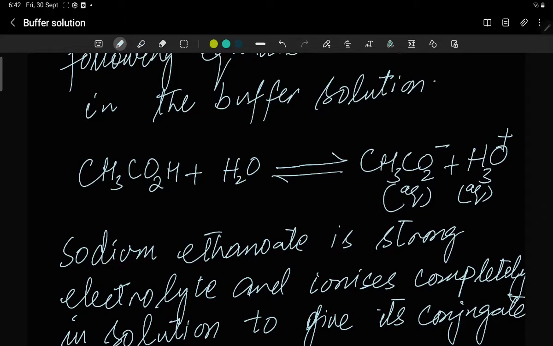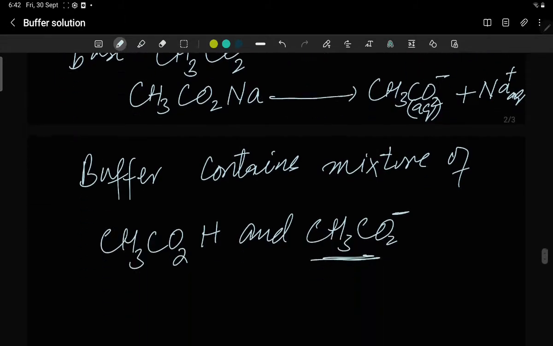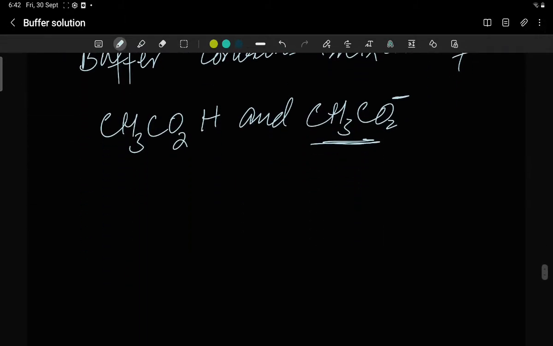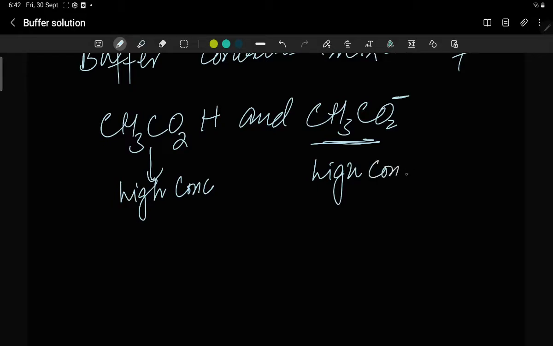Therefore, the buffer contains high concentration of weak acid and its conjugate base, ethanoate ion.